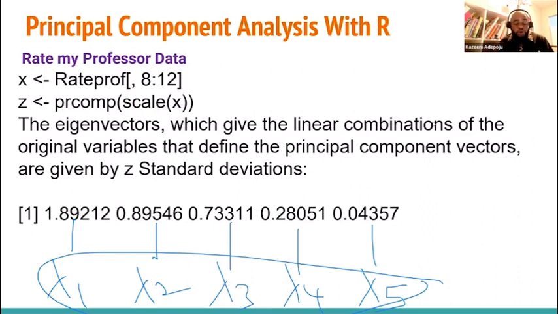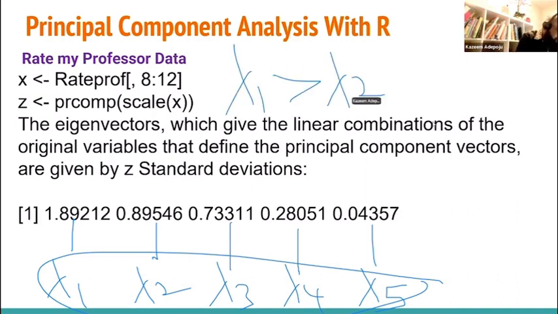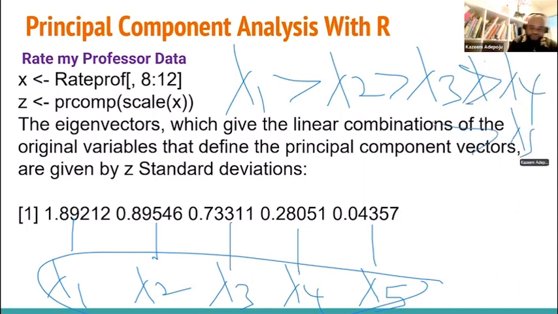Lambda 1 will always be greater than lambda 2, greater than lambda 3, greater than lambda 4, greater than lambda 5.